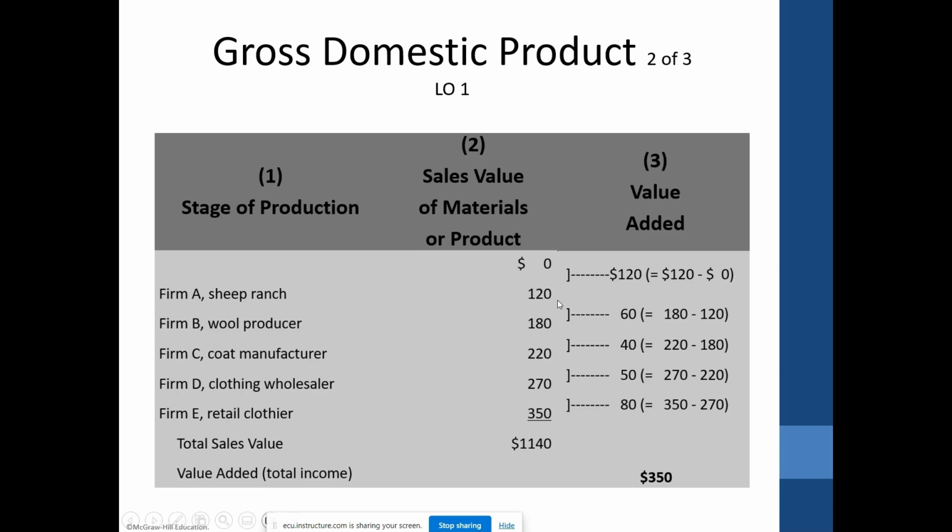So from 120 to 180, the value increased by 60. And B sells the wool to the coat manufacturer, and the coat manufacturer brings the value from 180 to 220. The value added is 40.